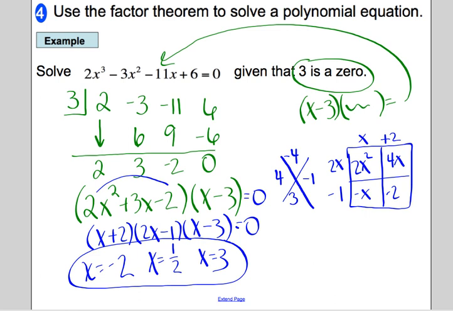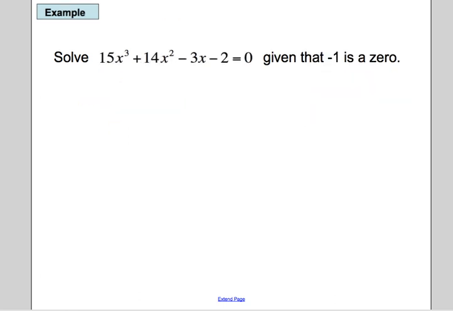Let's go ahead and look at another one. We know that negative 1 is a 0, so we know for sure one of the factors of this polynomial is x plus 1, and I want to solve. So we'll start with our synthetic division. We'll put the negative 1 in the box, that's the 0, and list our coefficients. And we'll just go through our process.